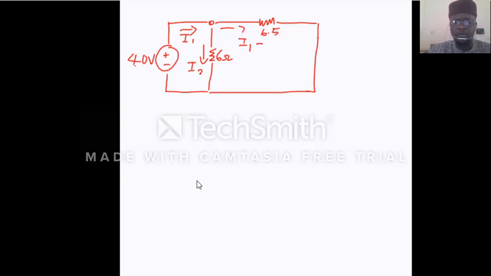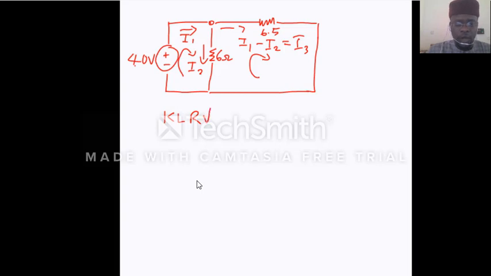So if we have our current as I1, some goes through 6 ohm, which is I2, then the other branch will have I1 minus I2, which can also be denoted as I3. Then our loop starts by taking the positive terminal of the power source, and we take it through both loops.